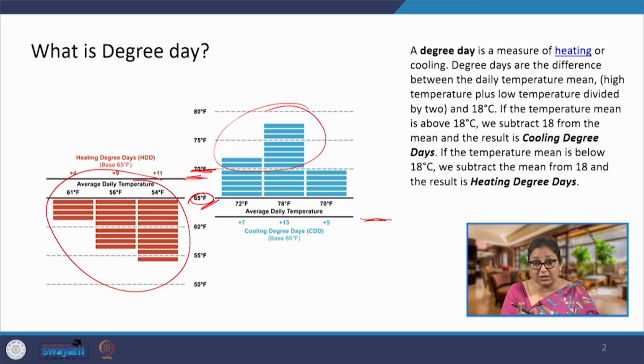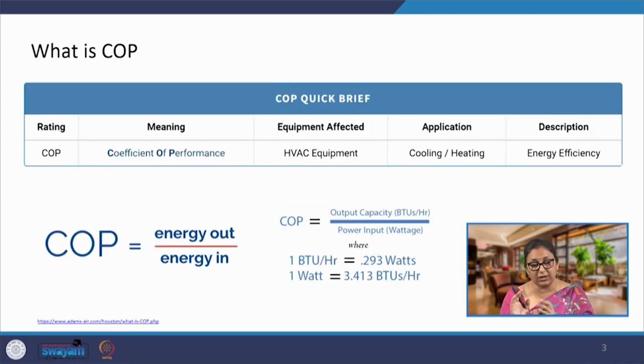It would not matter much, but what will matter, and we will come to that, is the set point. Where you are setting your air conditioning system, what the cutoff is, what the set point is, that is a separate part. So, this is degree day, heating degree day or cooling degree day.